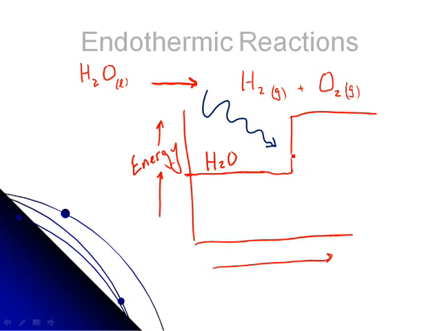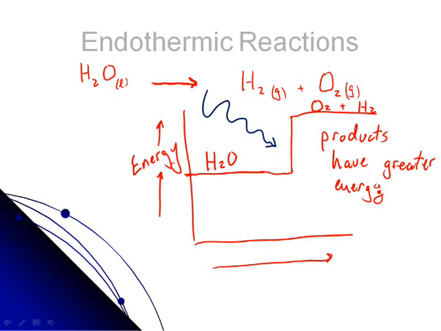There has been an input of energy, so now the oxygen gas and the hydrogen gas have more energy. So this is characteristic of an endothermic reaction. Energy is input into the system, and the products that we see up here have a greater energy.